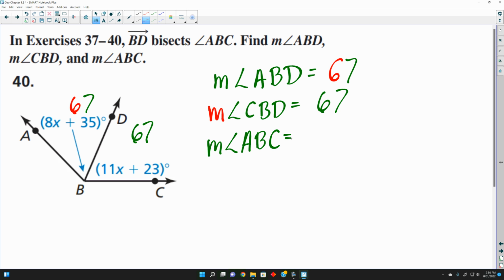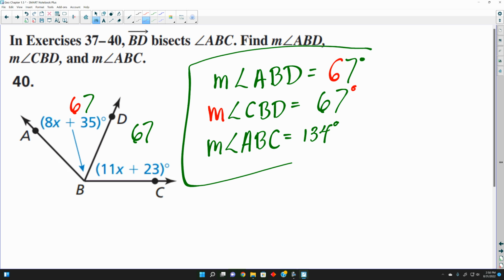Well, ABC is the whole angle, yes? So we would add these two together. Well, then we technically have the degree marker. I'm not going to be a stickler about it, but it's good to write. It's good to put it in there.